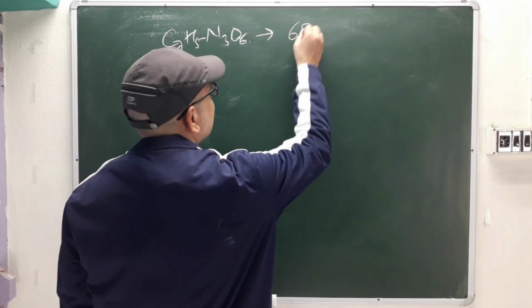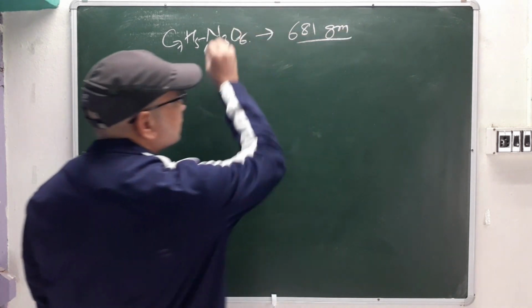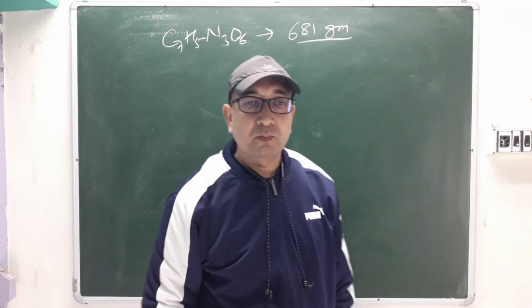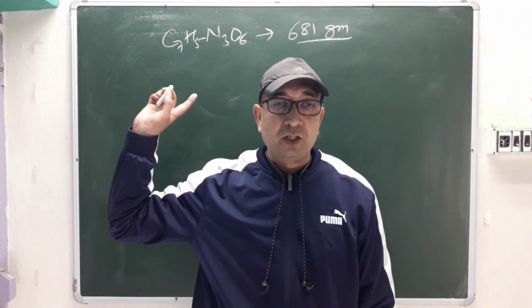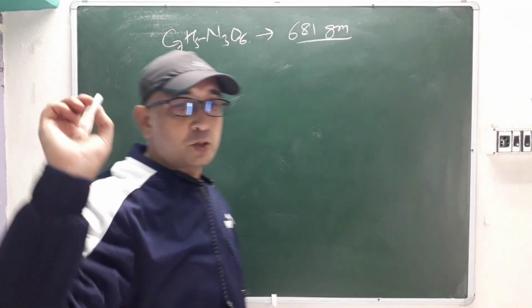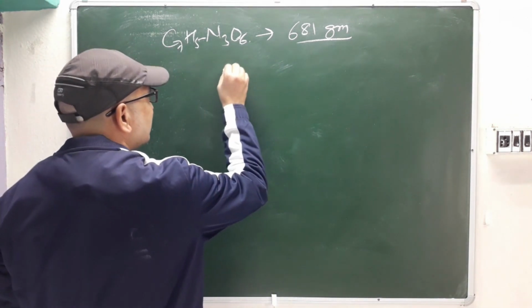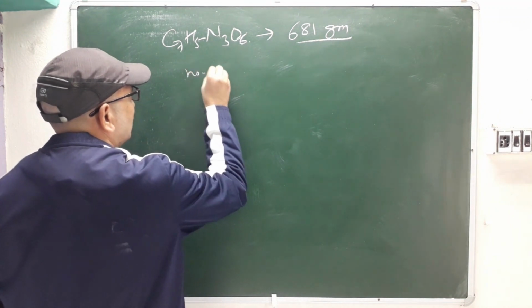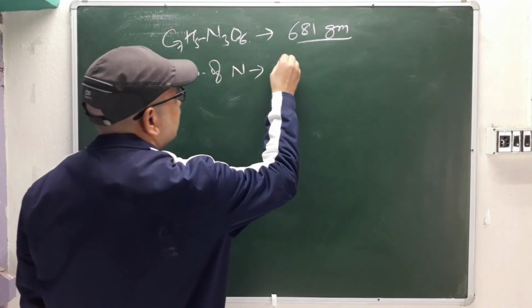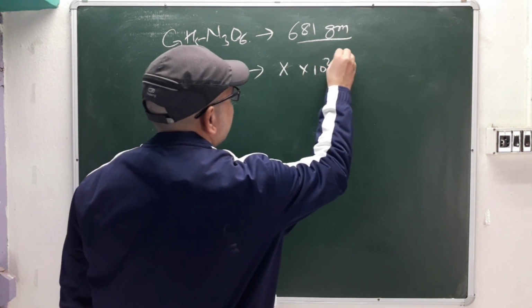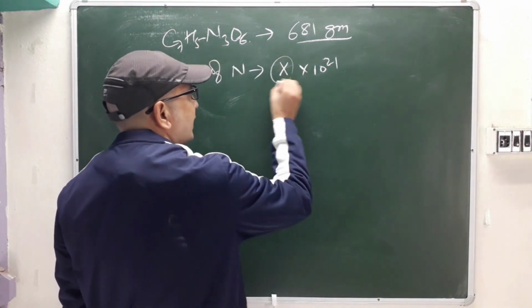It has given 681 gram of this compound, and they are asking the number of nitrogen atoms, given as X into 10 to the power 21. This X you have to find out.